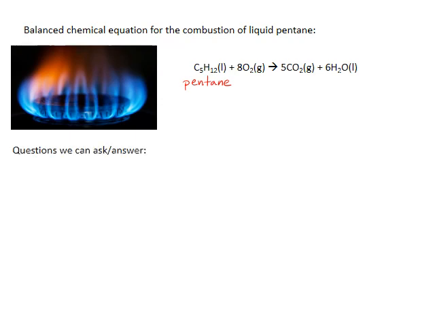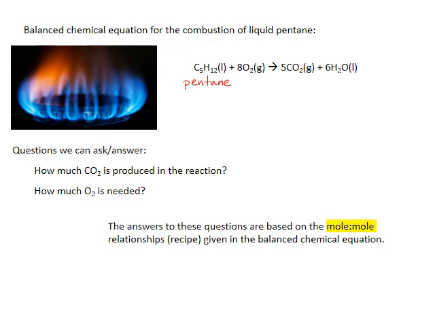What kinds of questions can we ask and answer using the ideas of stoichiometry? We can ask how much carbon dioxide will be produced in the reaction. We could ask how much oxygen is needed to burn a certain amount of pentane. The answers to these questions are based on the mole-to-mole relationships, the recipe, shown in the balanced chemical equation.